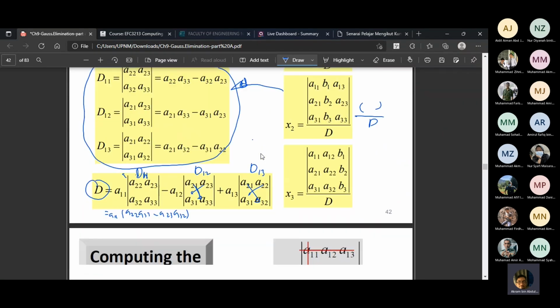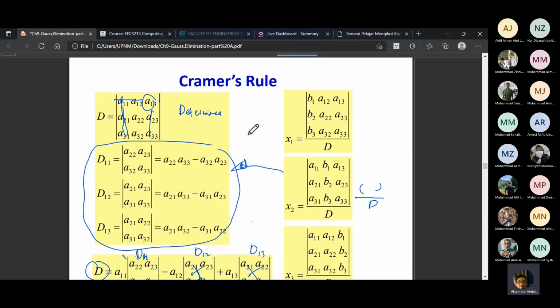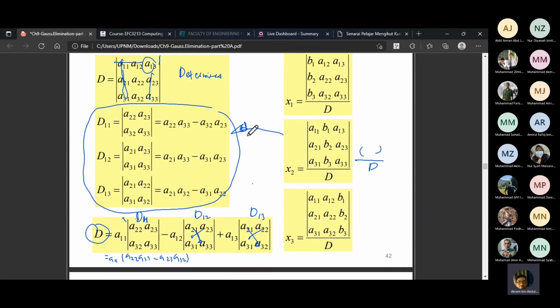Selepas berjaya kira determinants dia, so apa yang Cramer's rule bagi tahu? Cramer's rule bagi tahu, so ini adalah Cramer's rule lah.